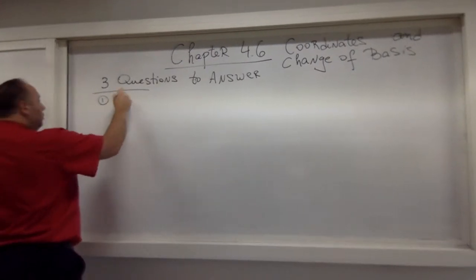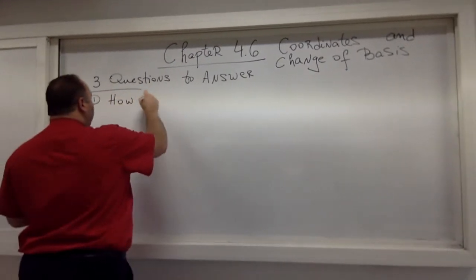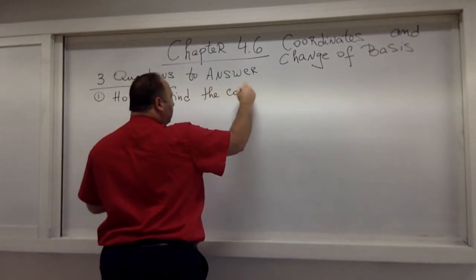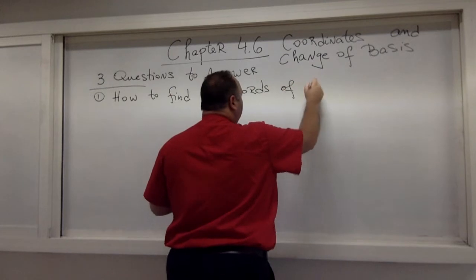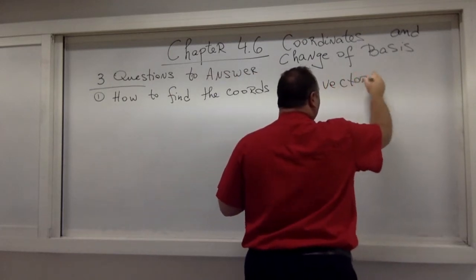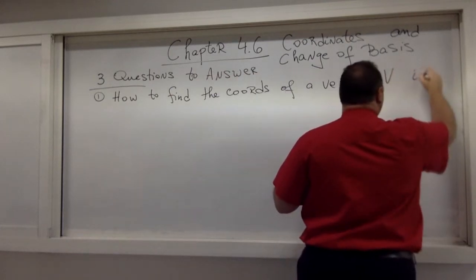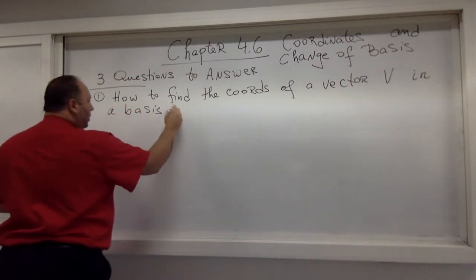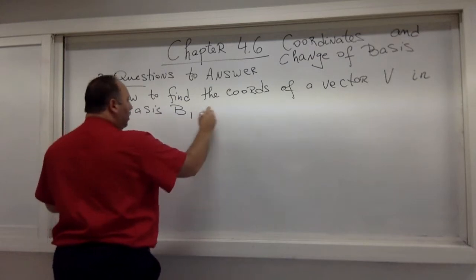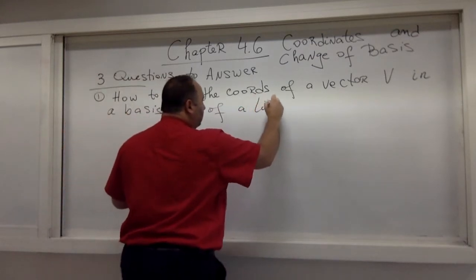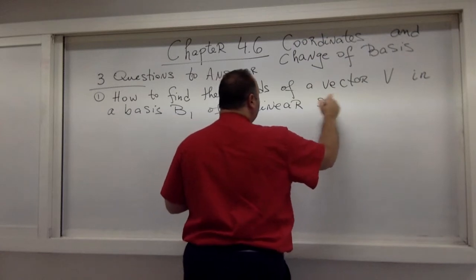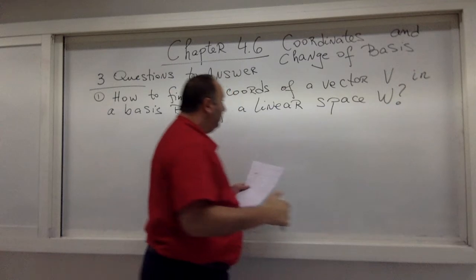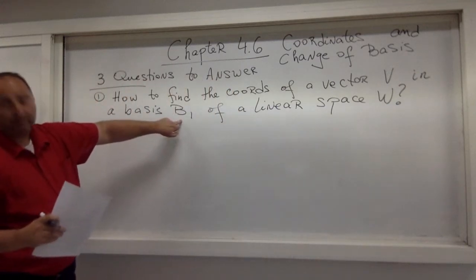So the first thing to do is to answer this question: how to find the coordinates of a vector v in a basis B1 of a linear space W. Obviously we can have many bases.